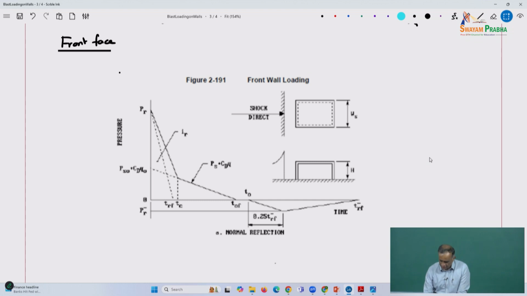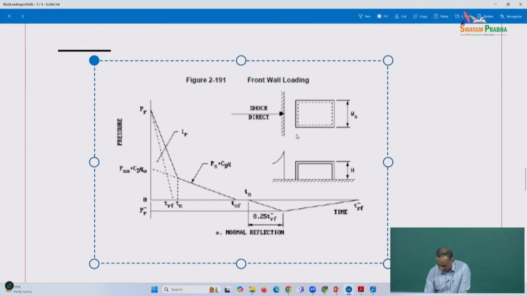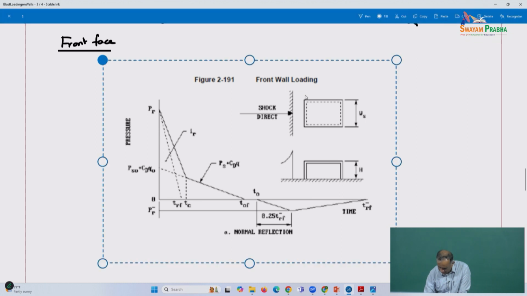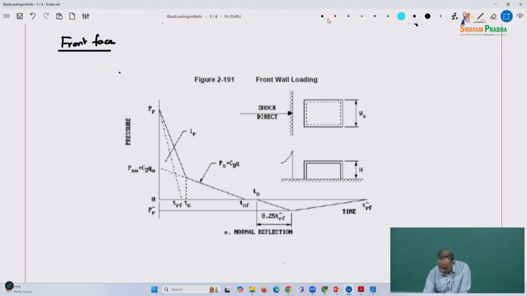The front wall loading. So, shock direct, this is the width, this is the height, and remember this, the length is right here. Here, in the front wall, it is PR. We really don't design for PSO.